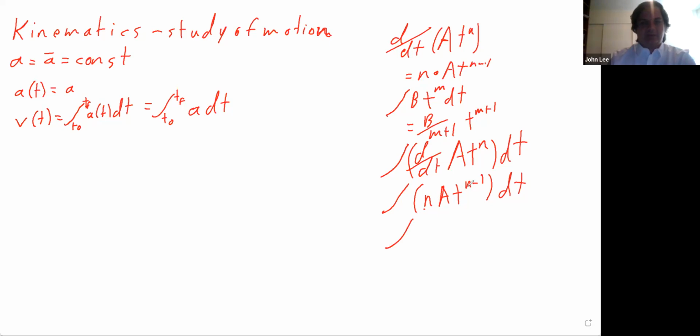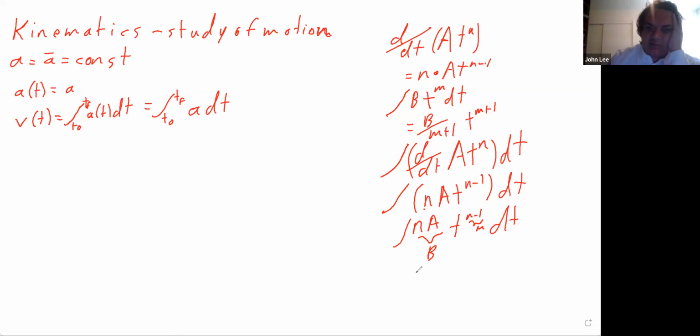So if you integrate that, then you have n a, which is our b value, times t to the n minus 1, where n minus 1 is our m value, dt.